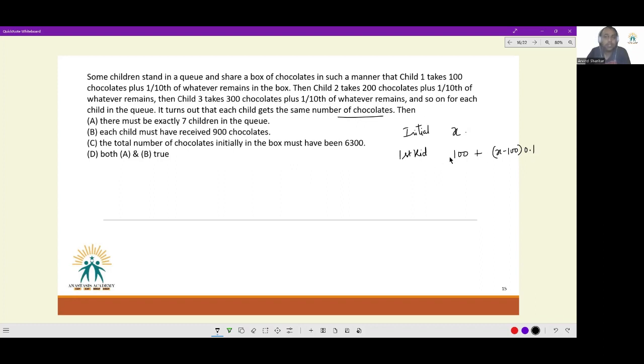First kid has taken these many chocolates, which will be equal to 100 minus 10 plus X by 10, which is equal to 90 plus X by 10. These many chocolates the first kid would have taken.